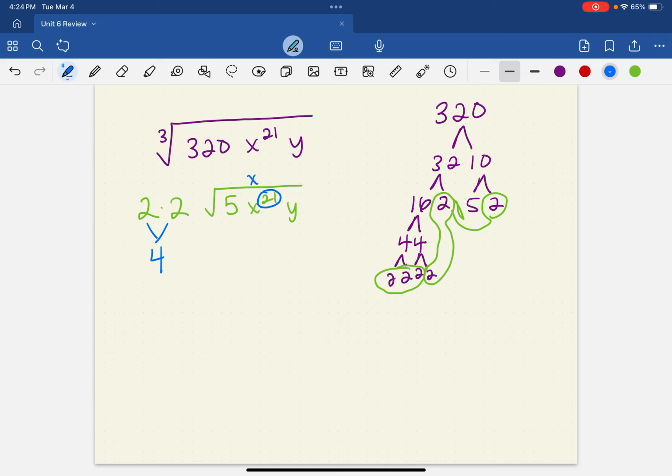I'm breaking it up into x^20 and x^1. So 20 divided by 2 is x^10. Inside, I left a 5. I left 1 x, and then y^1 can't be divided by 2, so just y. And that is my final answer.